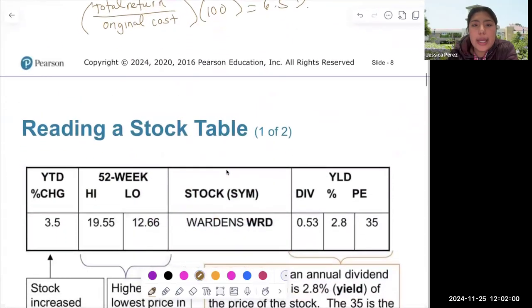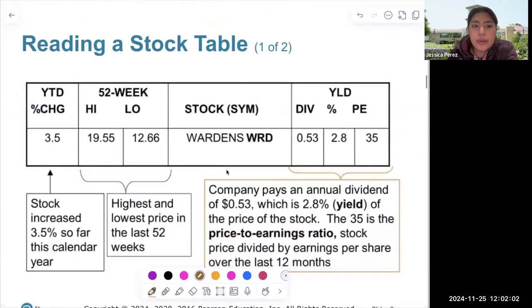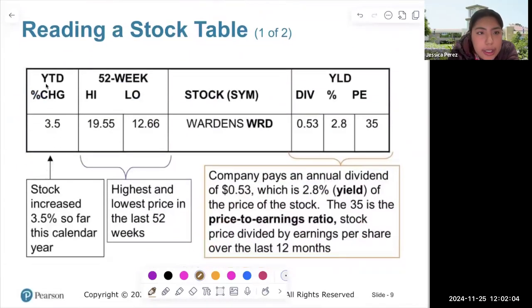Now, how do I read a stock table? Usually there is a year-to-date percentage change. If it's a positive number like 3.5%, it's a 3.5% increase so far this year. Now, the highest and lowest prices in the last 52 weeks: the highest was 19.55, the lowest was 12.66.